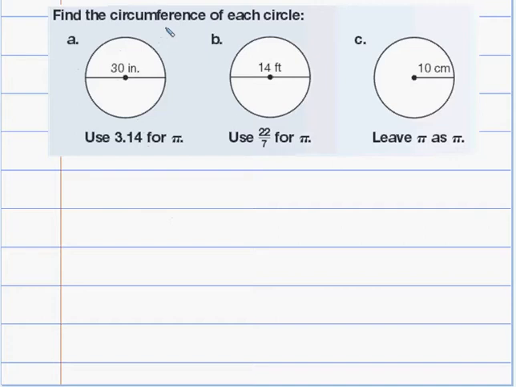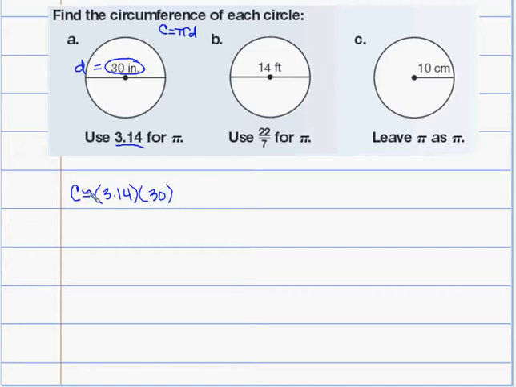Circumference, recall, is C equals pi d, so pi times diameter. Now, in example A, we notice we have the diameter, so 30 inches is going to equal d, and it tells us to use the approximation 3.14 for pi. So if we substitute those values into our formula, we get C equals 3.14 times 30.